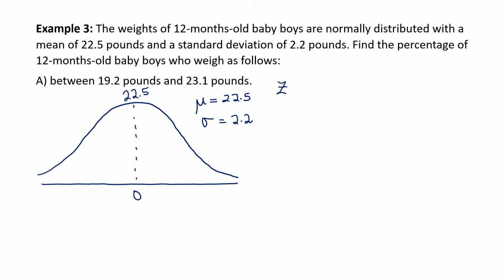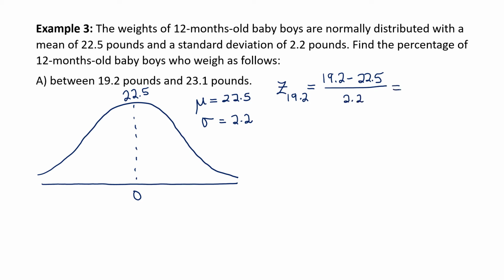I want a z-score for the weight of 19.2 pounds, and that would be the data item, 19.2, minus the mean, which is 22.5, divided by the standard deviation 2.2.